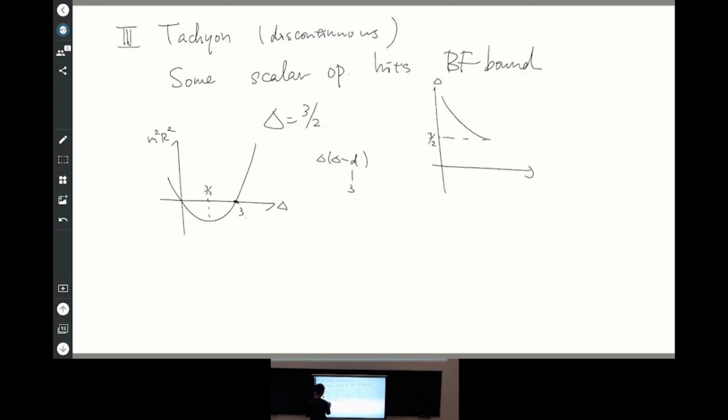Until here, it does not lead to tachyonic instability. But if you have a particle below here, then there is a tachyonic instability. So if the dimension hits this and goes below, maybe there might be some tachyonic instability.